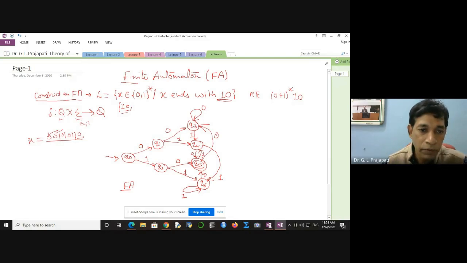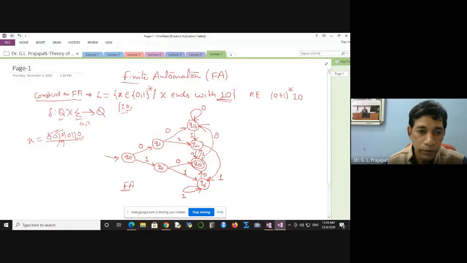Once you are at Q3, you read 1. Whenever you have 1, you go to the state Q4. Once you are at the state Q4, you read 0, so you come to Q5.